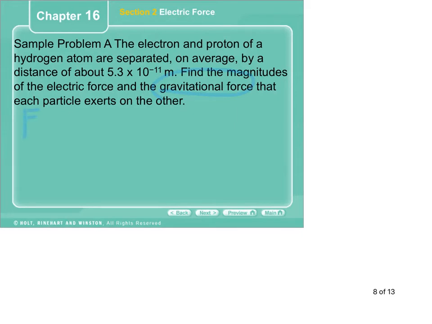So Fg equals big G times mass 1, mass 2, in this case mass of an electron, mass of a proton, divided by R squared. So equals big G, 6.673 times 10 to the negative 11th. Again, we'll keep everything in nice, neat units.